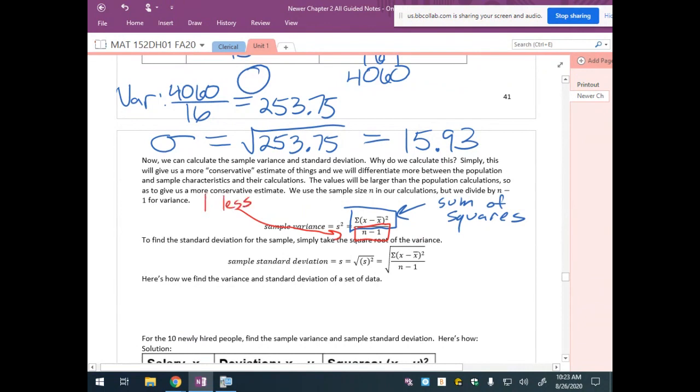Now, what that actually has to do with is called degrees of freedom, but that's above our pay grade right now. So if there were 16 pieces of data, instead of dividing by 16, we would be dividing by 15. That's all. We take the square root the same exact way.